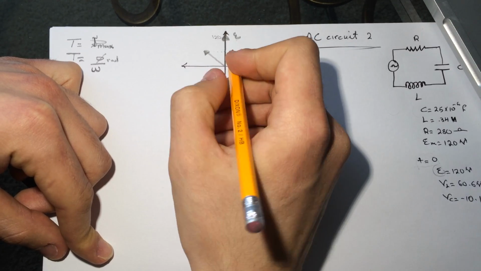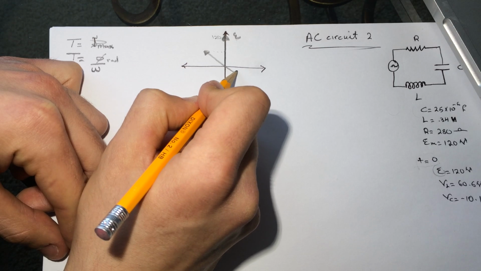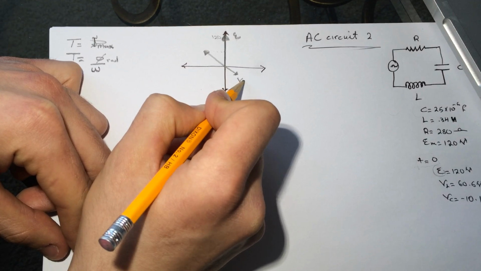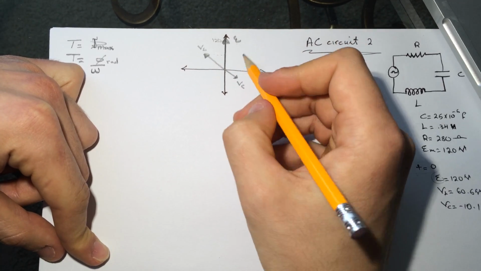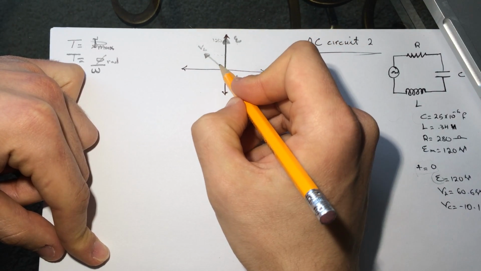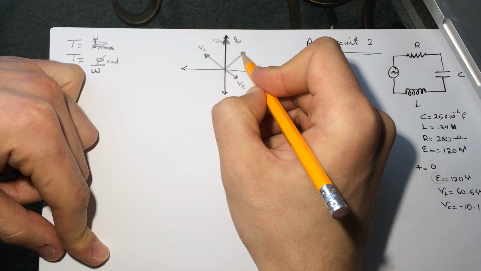Okay, and the VC is going back because it's negative. This is the VC, this is the VL, and the VR is always perpendicular to both, so it's going this way.